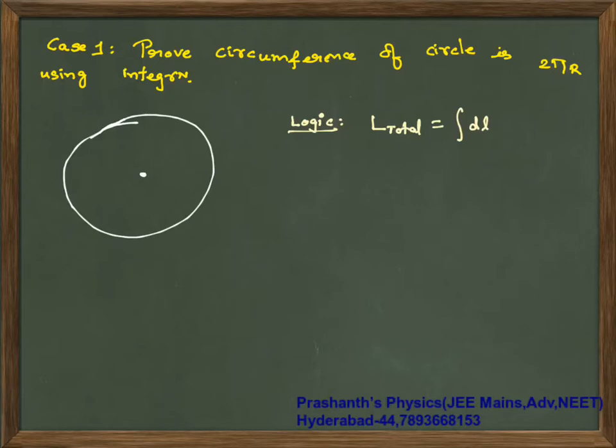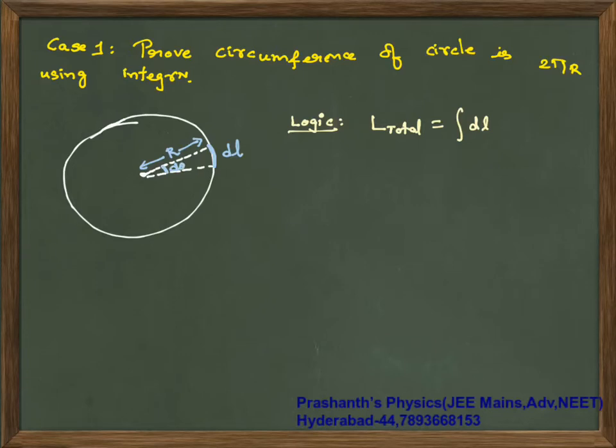Integrating small length will give you total length with appropriate limits. Now to do so, let us consider a small length here. Now if this is your small length, that is very small, but for clarity sake I am taking it to be big. Let us say this length is dl, this radius is r, this angle is d theta.